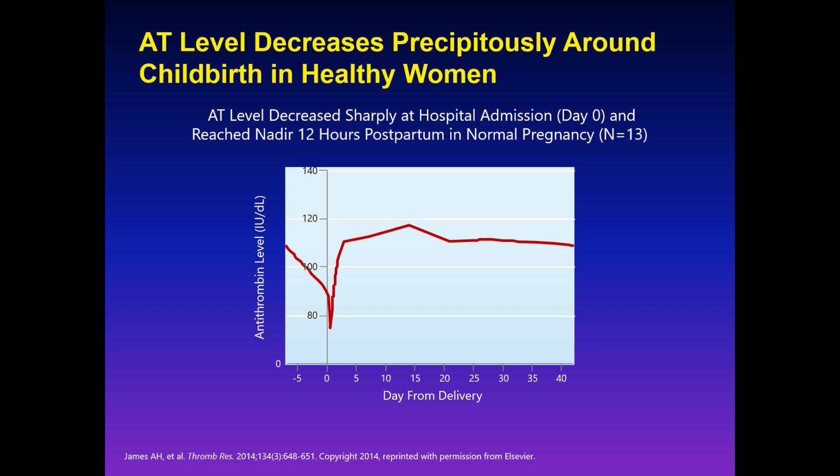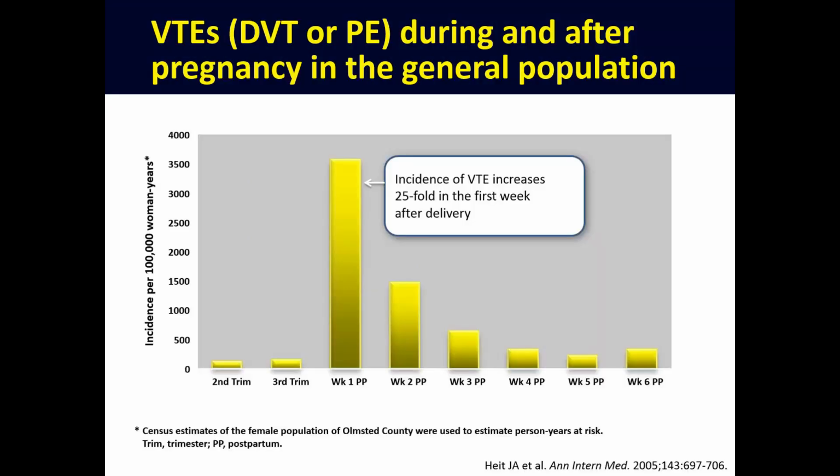As you can imagine, that whole process of labor, parturition, stimulates and activates many aspects of the primary and secondary hemostatic mechanism, and certainly can affect, in at least direct ways, maybe some indirect ways as well, the antithrombin activity. And I'll show you some clinical correlate related to this in the next couple of slides.